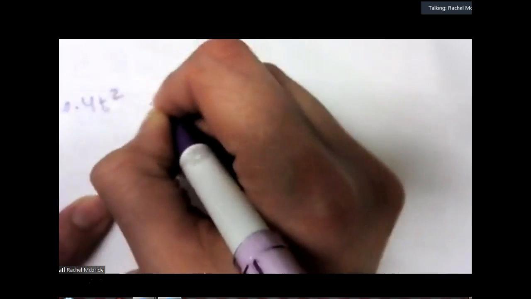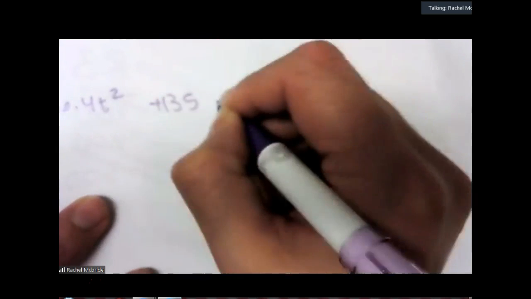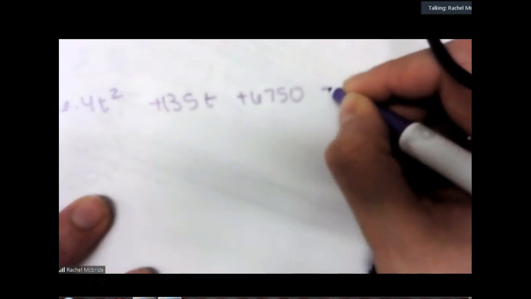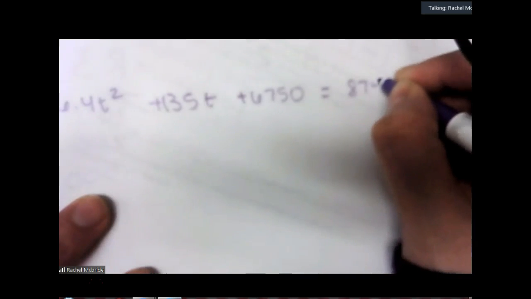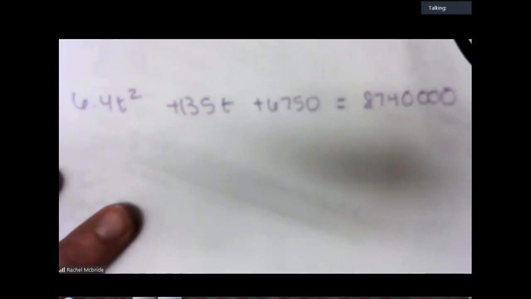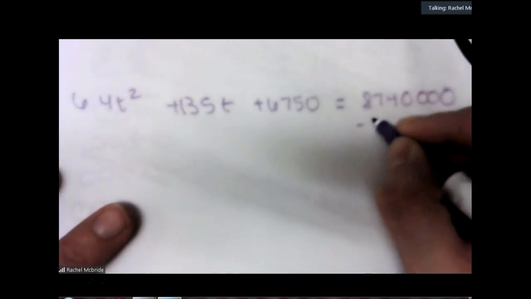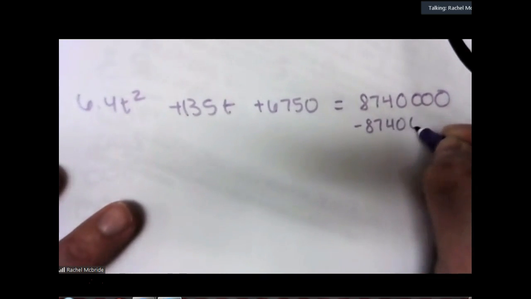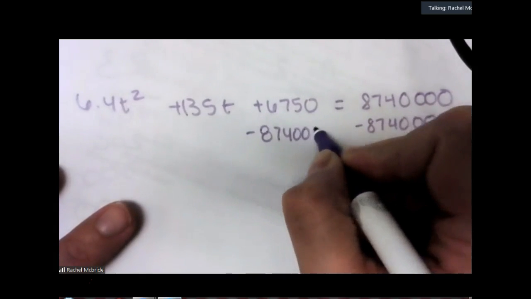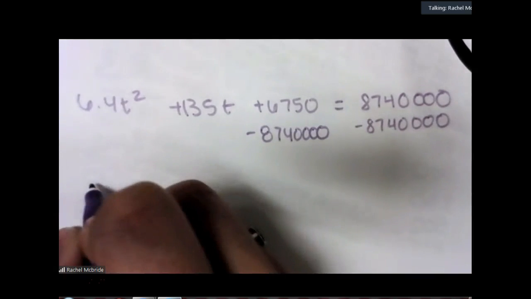So you take your 6.4t squared plus 135t plus 6750, and you want to know when that equals 8,740,000. So what you would do for quadratic formula is subtract that away, because you cannot have quadratic formula equal to a number.